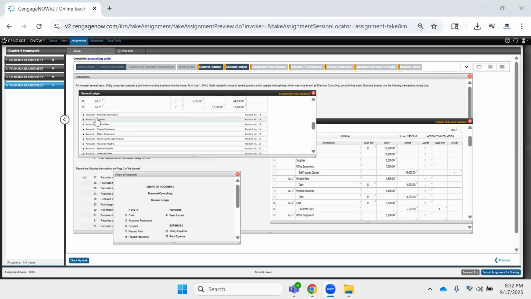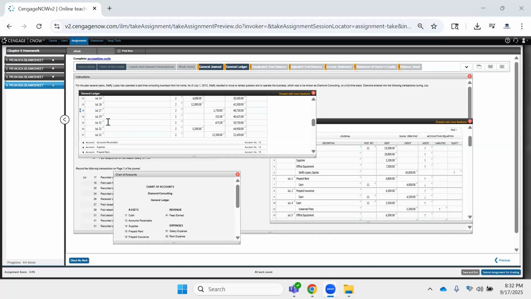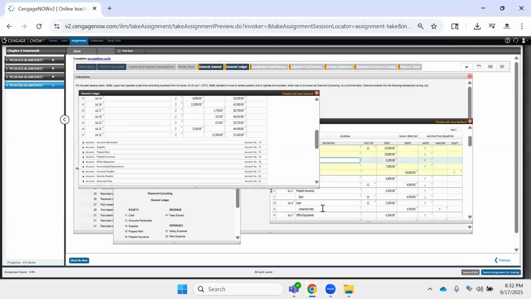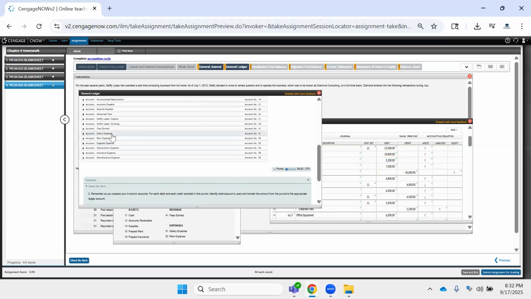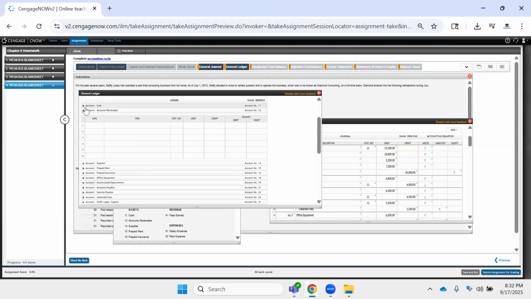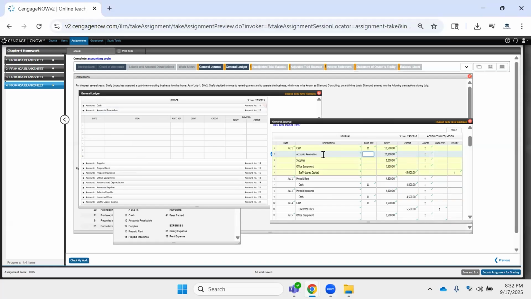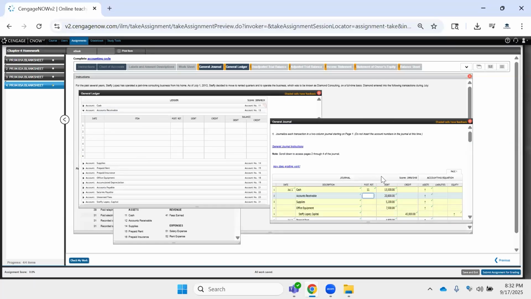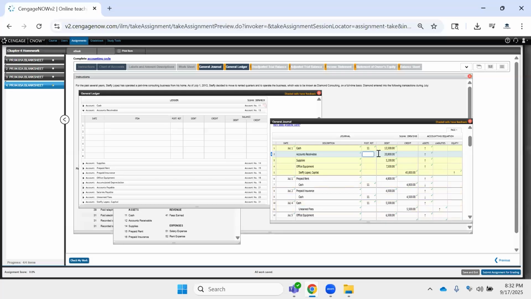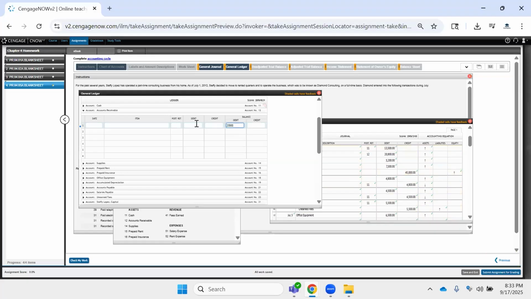So we are going to continue to fill out the general ledger from the general journal for the rest of our accounts, continuing with accounts receivable. Accounts receivable is account number 12. And if we go to page 1 of our journal, here we have accounts receivable 20,800 as a debit.